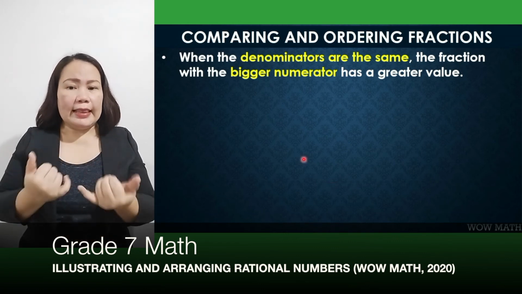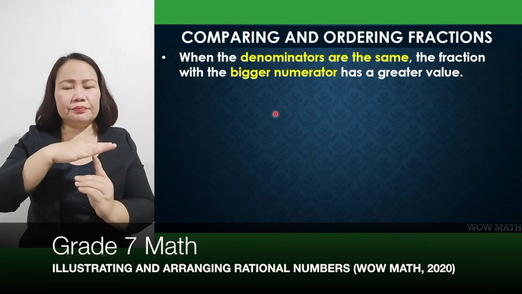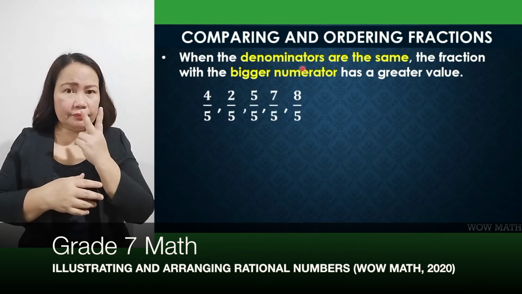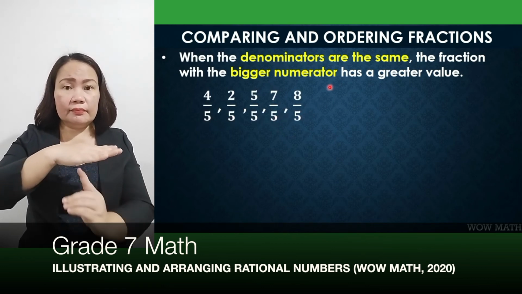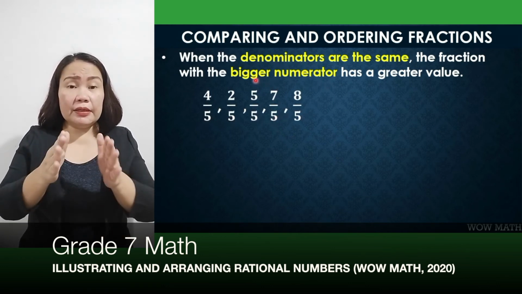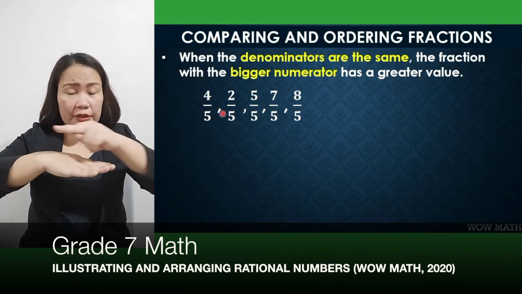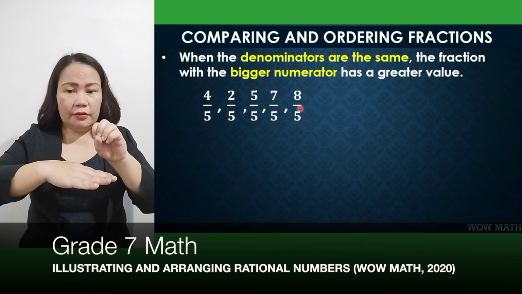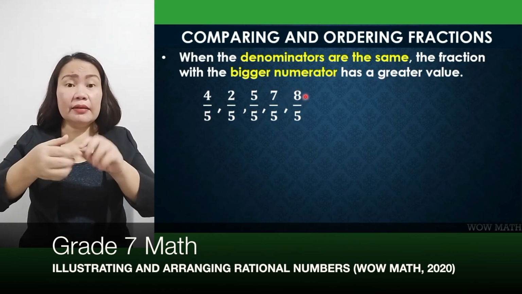So, if you were given fractions with the same denominators, kung pareho ang denominators nila, kagaya nito, pare-pareho silang 5, remember that the bigger the numerator, the bigger the value. So, kapag ang pareho natin ay denominator, the bigger the numerator, the higher the value.